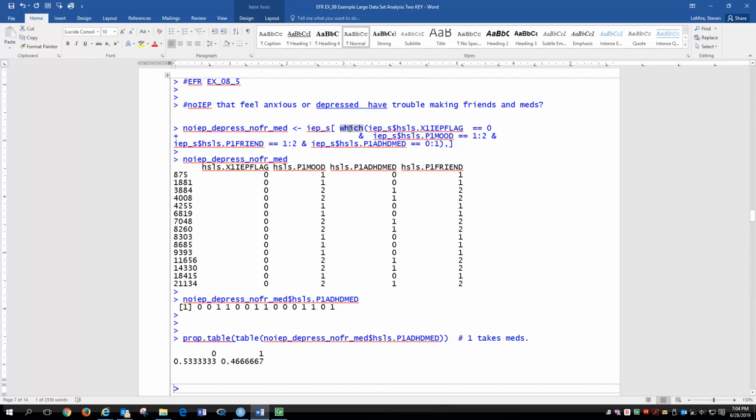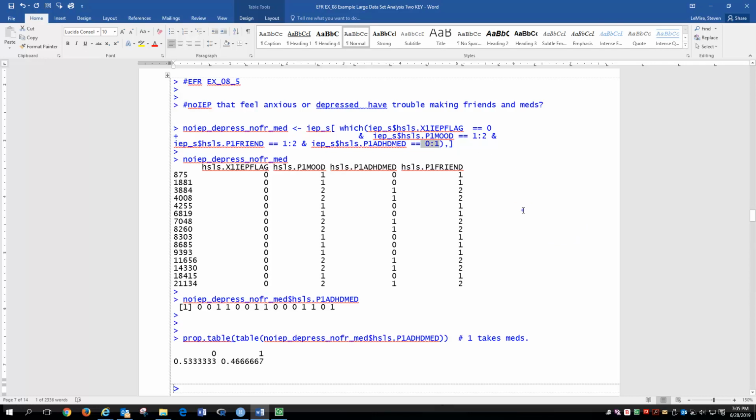And now IEP is equal to 0. See that? Okay. Then I have mood 1 or 2, friends 1 or 2, and meds 0 and 1. Now again, because this is just 2, we don't have to subset it like we did up above. And that pulls my data set out.